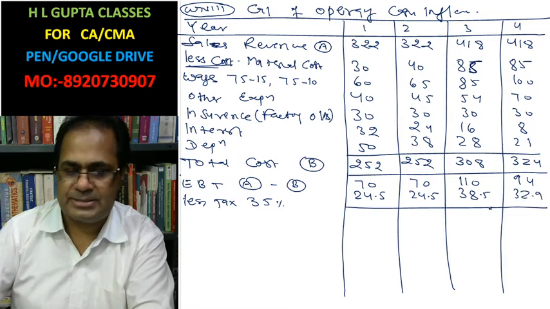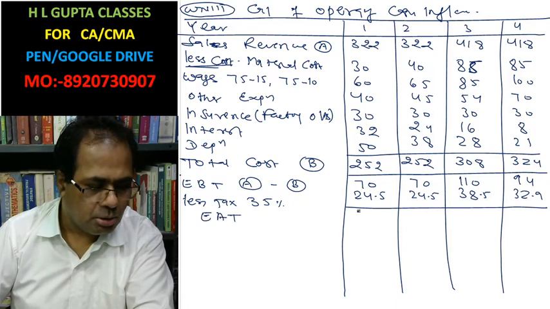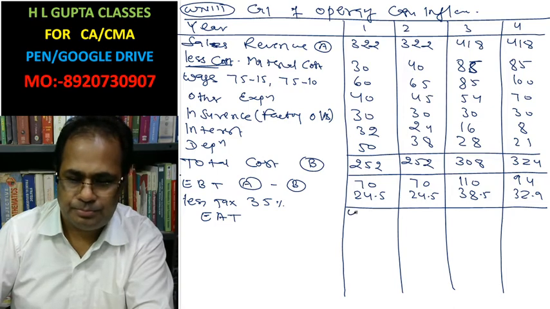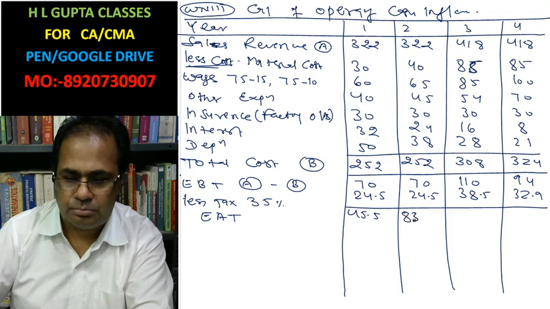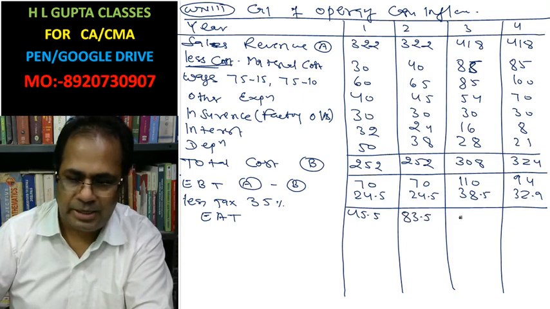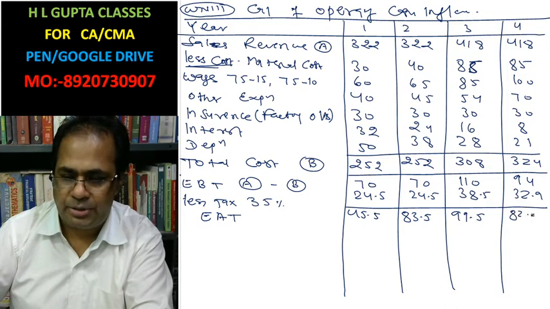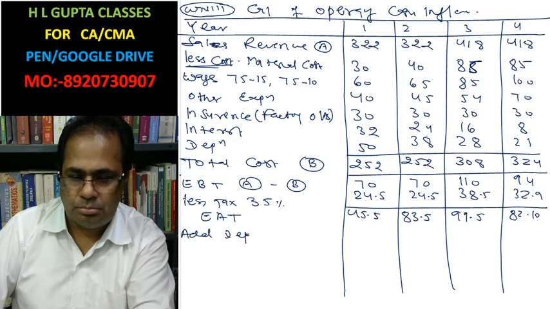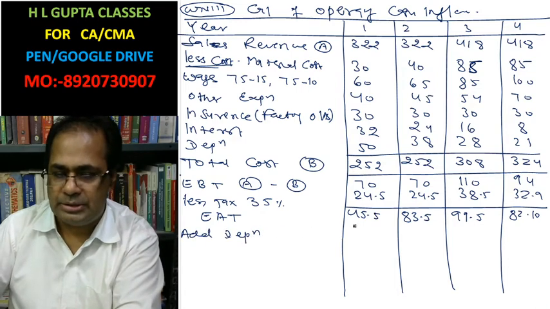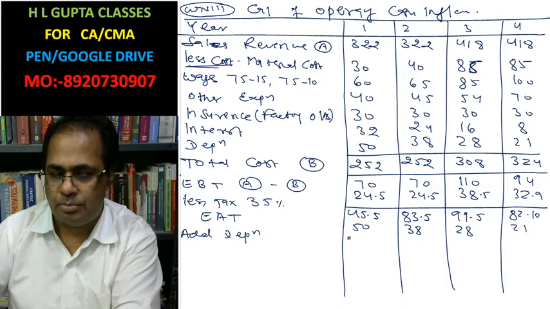Earning after tax: 45.5, 45.5, 71.5, 61.1. Add depreciation: 50, 38, 28, 21.